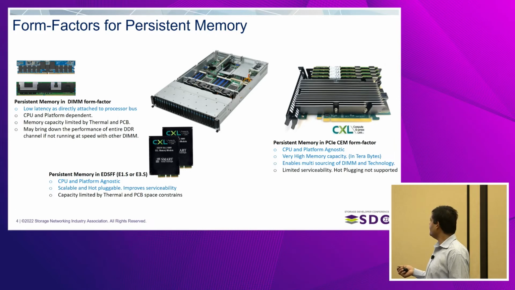And this is an important part of this form factor: it allows multi-sourcing of DIMMs and mixing of the technologies. So you get the best dollar per GB benefit from this kind of form factor. Again, the limitation is it's not hot pluggable, so the serviceability aspect is limited.